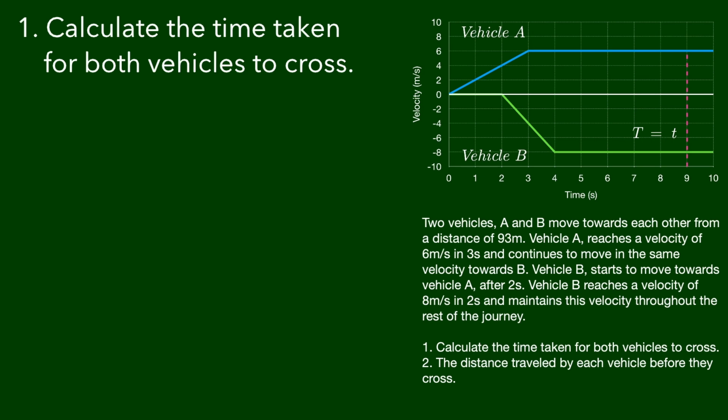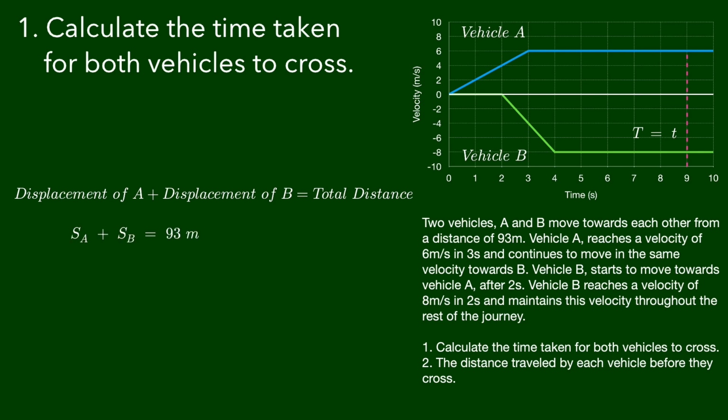Let's take t as the time taken for both vehicles to cross. When the two vehicles cross at time t, the combined distance traveled by both vehicles should be equal to 93 meters. This can be written as shown on the screen.